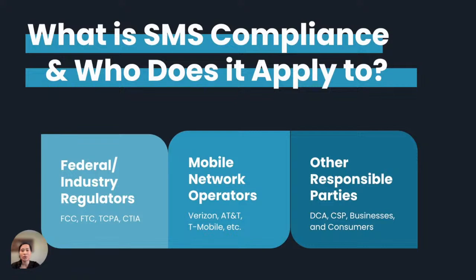These include the mobile network operators in the consumer industry. Lastly, the CAN-SPAM Act, which was passed in 2003, was intended to regulate the number of commercial-based text messages that could be sent to consumers' personal mobile devices.